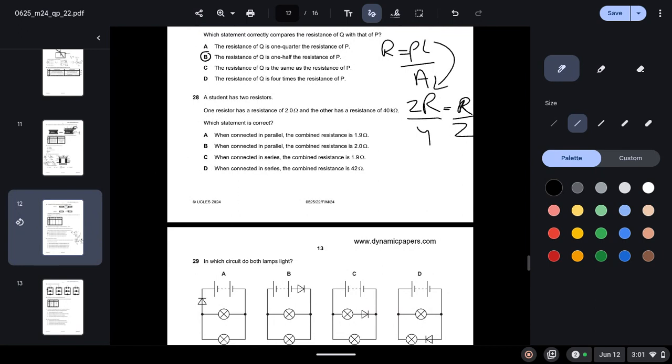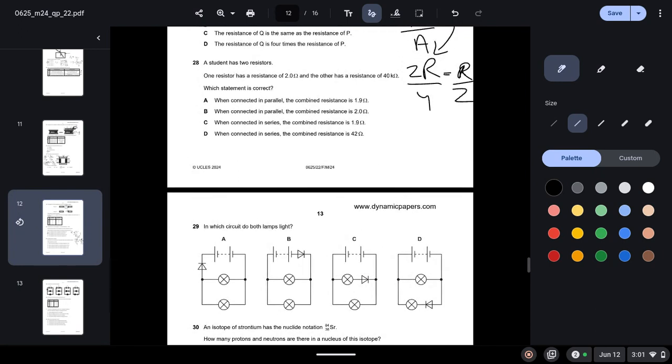A student has two resistors. One resistor has a resistance of 2 ohms and the other has a resistance of 40 kilo ohms. Which statement is correct? So let's first calculate the resistance in series and the resistance in parallel. So series would be 2 plus 40,000 ohms. So this would give you 40,002 ohms.